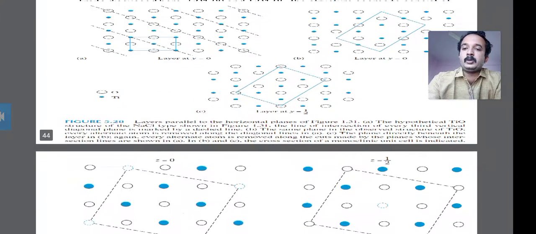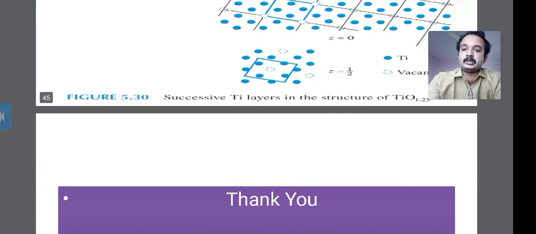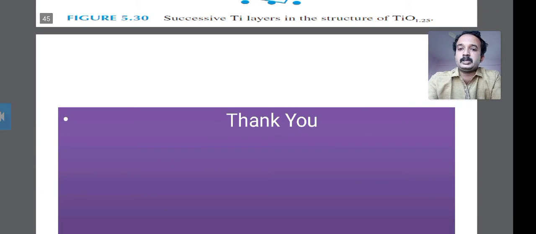This is all about the titanium monoxide structure, and this is the end of the chapter.